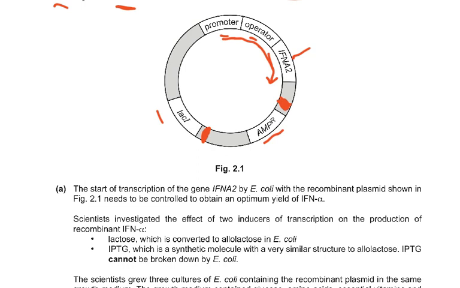The start of transcription of the gene IFNA2 by E. coli with the recombinant plasmid shown in figure 2.1 needs to be controlled to obtain an optimum yield of IFN alpha. Scientists investigated the effect of 2 inducers of transcription. You see, we want more of the protein because the protein is needed.